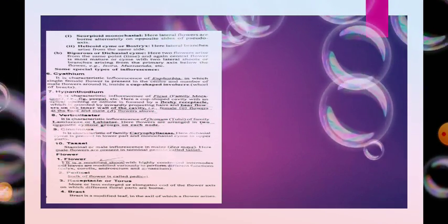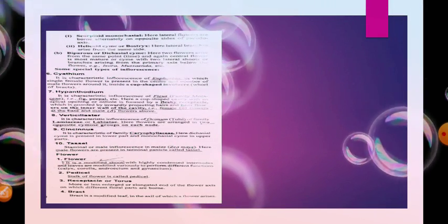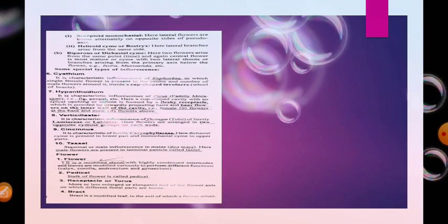Then hypanthodium, which is found in the Ficus family, Moraceae. In such plants, a cup-shaped cavity with an apical opening is formed by the fleshy receptacle, guarded by inwardly projecting hairs, and it bears flowers on the inner wall of the cavity.